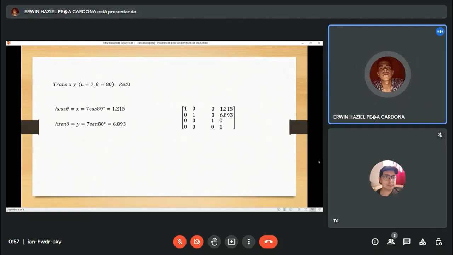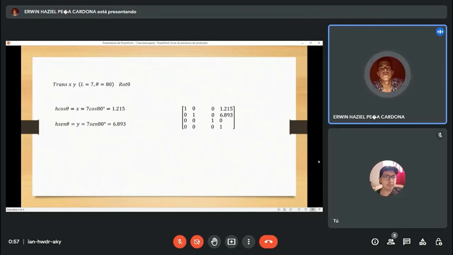Once identified, we proceed to extract how much is going to be translated in X and Y, and how to do that. A good way to obtain X is to multiply the length, which we use as the hypotenuse, so the equation is equal to 7 multiplied by the cosine of the angle, which is 80.